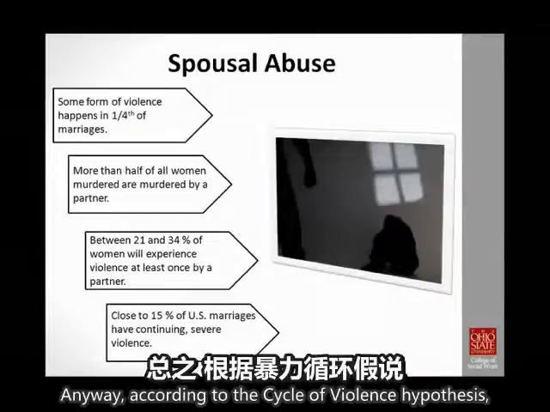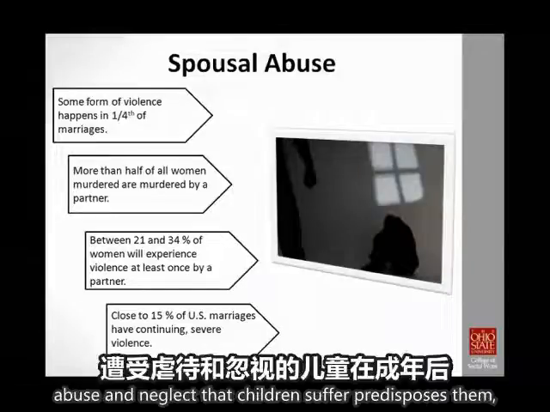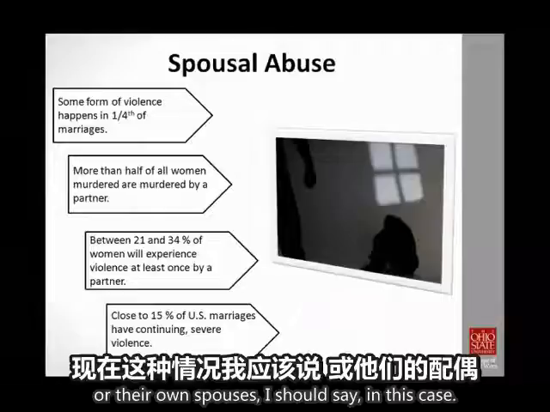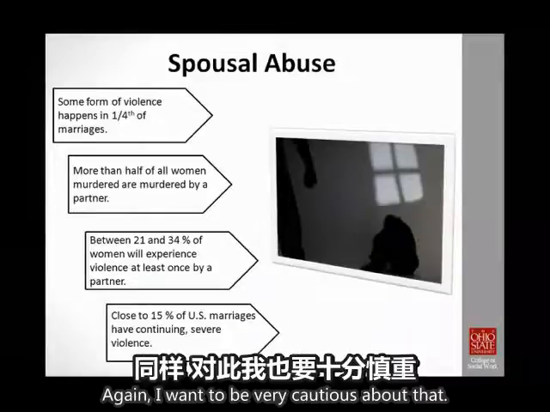Anyway, according to this cycle of violence hypothesis, abuse and neglect that children suffer predisposes them as adults to abuse and neglect their own children, or their own spouses, I should say, in this case. Again, I want to be very cautious about that.